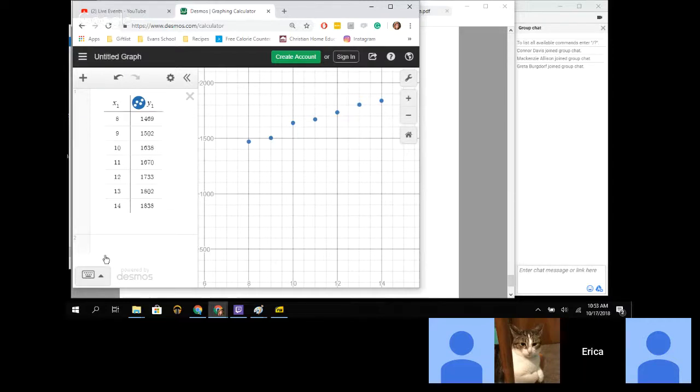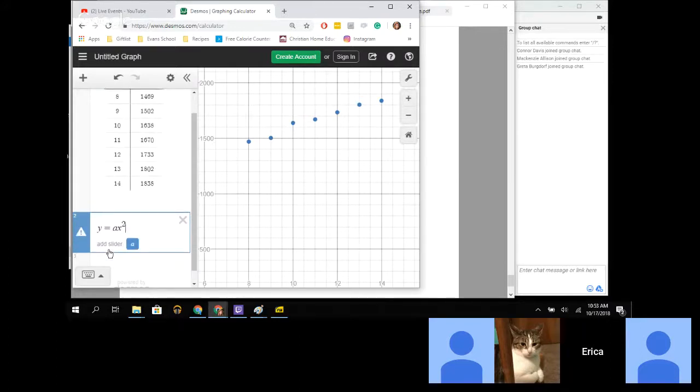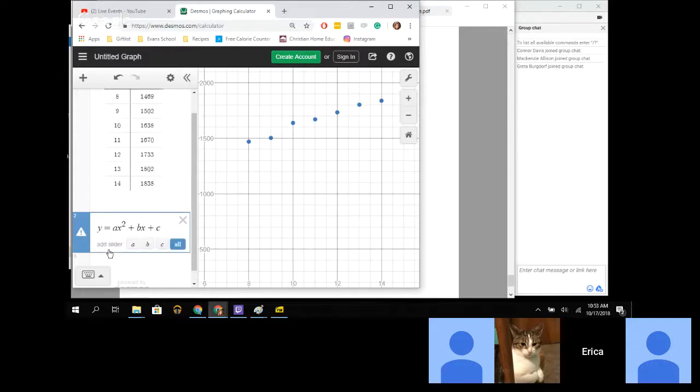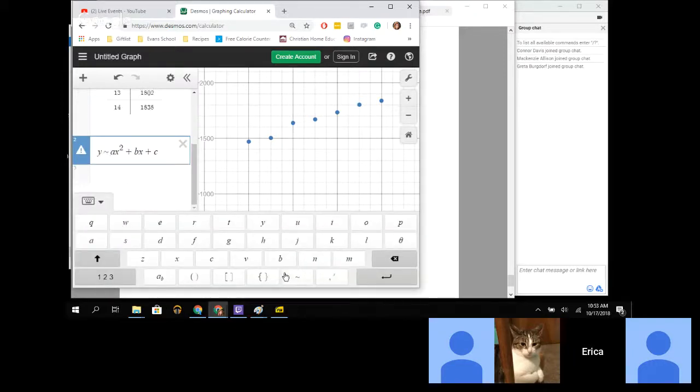So what's the standard quadratic formula? This is actually y equals ax squared plus bx plus c. That's the standard quadratic equation, right? But we don't write it like that. If we want to find regression, we have to change this to a tilde, right?